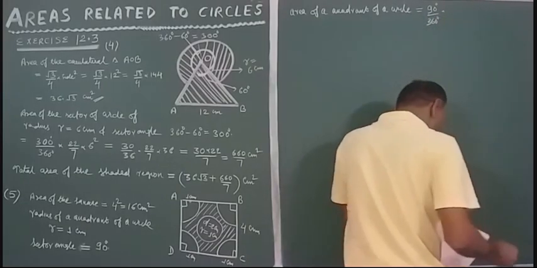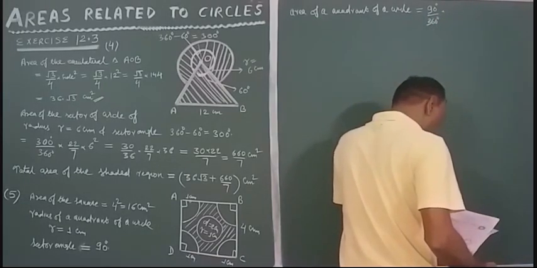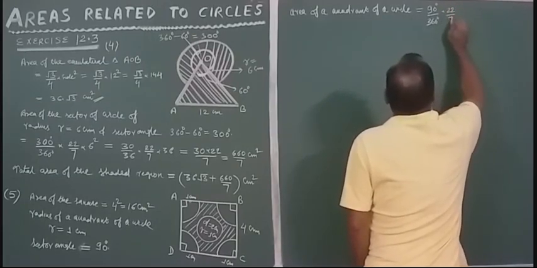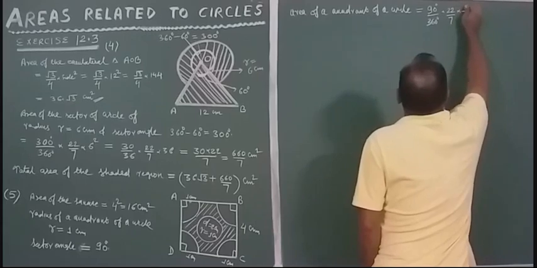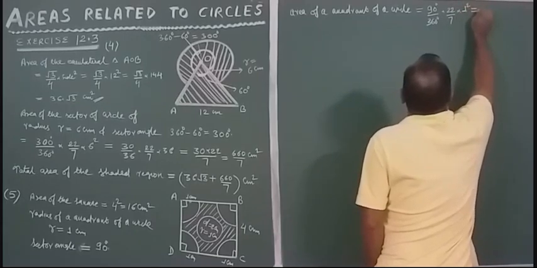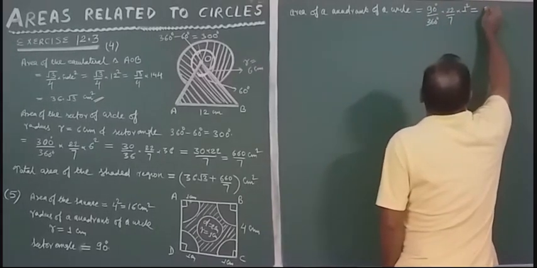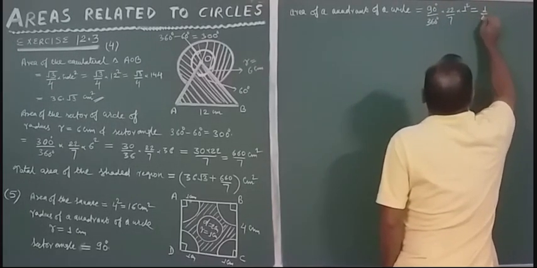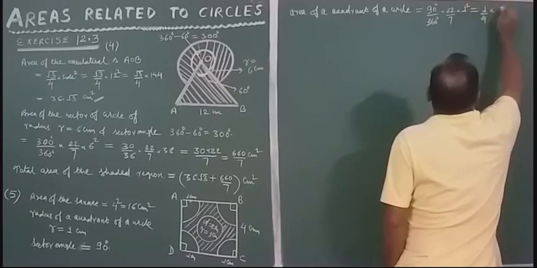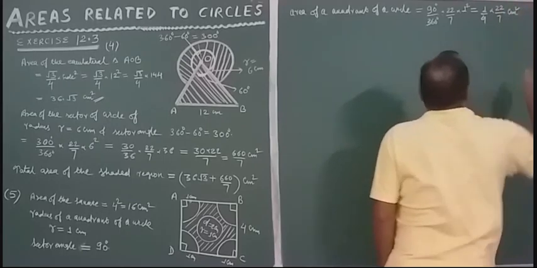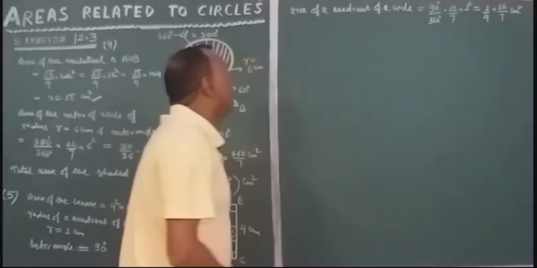Is pi mentioned in the question? No. Pi is 22 upon 7 and this is 1 square. Now just 90, this is 1 upon 4 and 22 upon 7 centimeter square. This is the area of one quadrant.